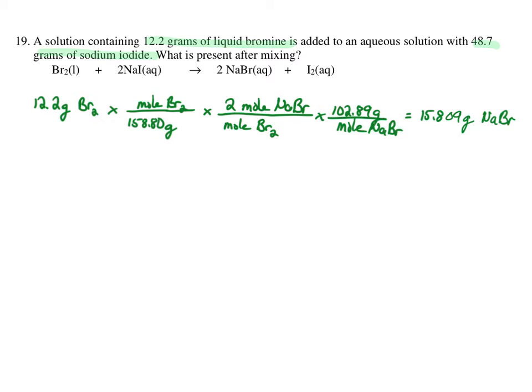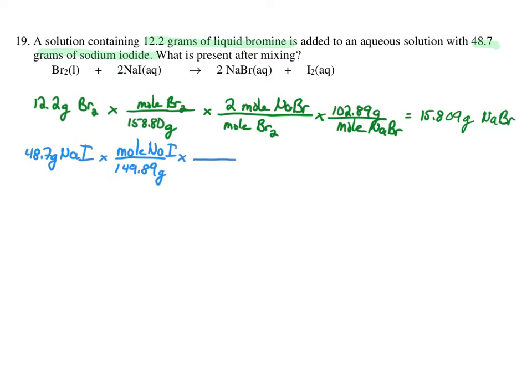Let's test the other reagent, the sodium iodide. Okay, we know the mass of sodium iodide. We can calculate the moles by bringing in the formula weight. Now we need to use the mole ratio, and we see from the mole ratio that every 2 moles of sodium iodide is going to produce 2 moles of sodium bromide.